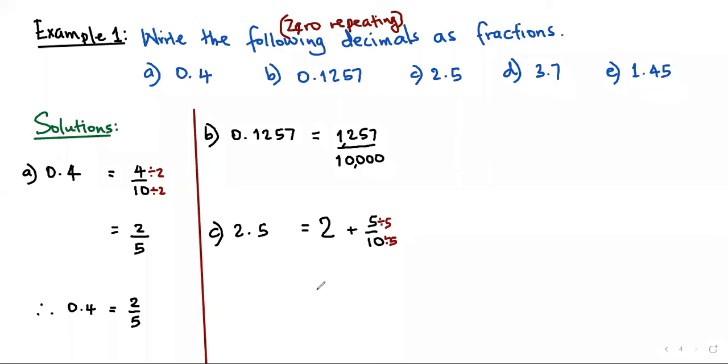So it implies that we will get 2 plus 5 divided by 5 is 1, and 10 divided by 5 is 2. So we have 2 plus a half. So as a fraction, we get 2 and a half. So this means that 2.5 is equal to 2 and a half when it is written as a fraction.